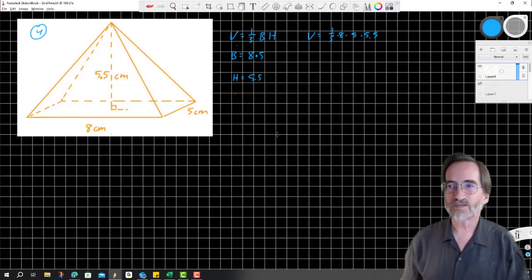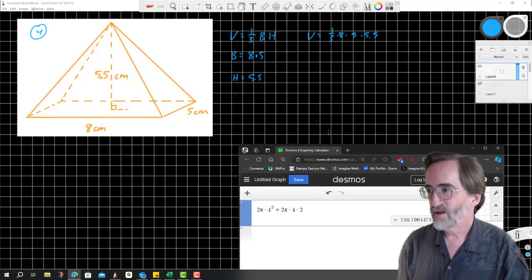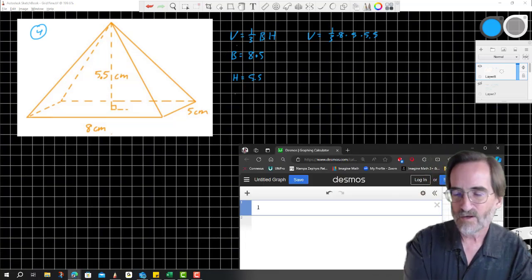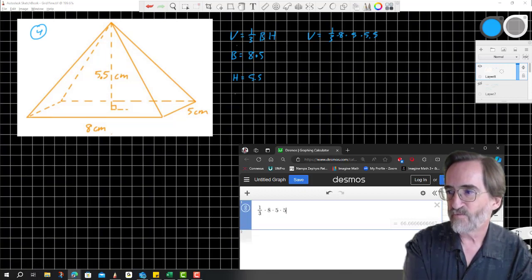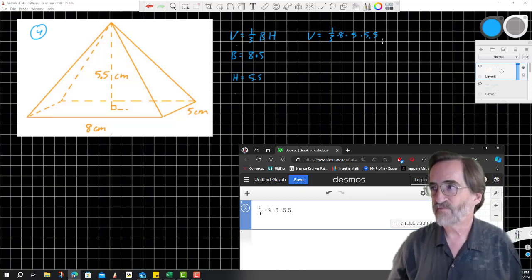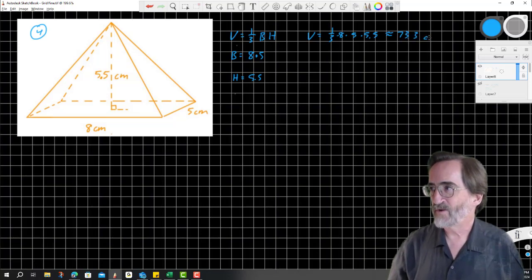Or you can think of it as length times width times height divided by 3. Okay, so we get 1/3 times 8 times 5 times 5.5. We get 73 1/3, or 73.3 cubic centimeters.